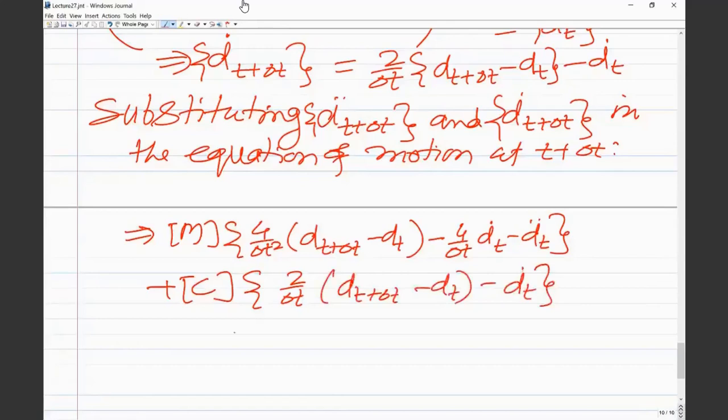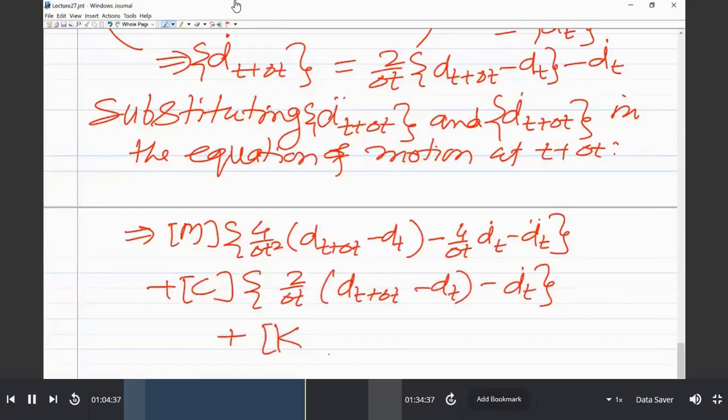So this plus of course now k. If it is a non-linear problem, then k would be a function of d at t plus delta t, and d at t plus delta t is an unknown.